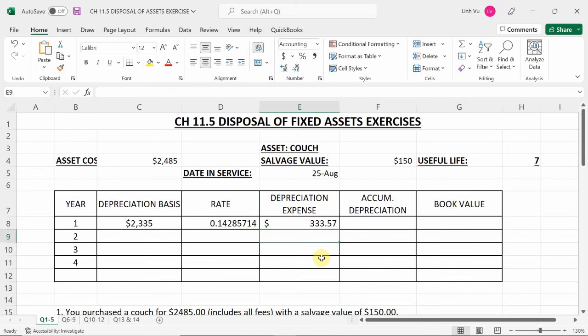How old is your asset? 4 months. So therefore, you can only depreciate 4 months, right? So in this case, how do I figure out what that 4 months is?